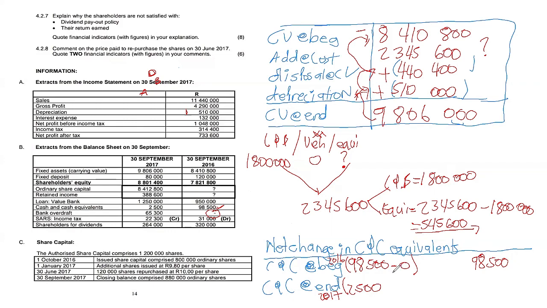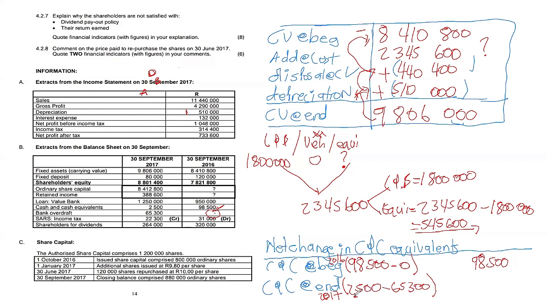There was no change at the beginning for your balance of 98,500. Then bank overdraft 2017, your bank overdraft amounted to 65,300. So you will subtract your 65,300. So here there was a change at the end, from 2,500.